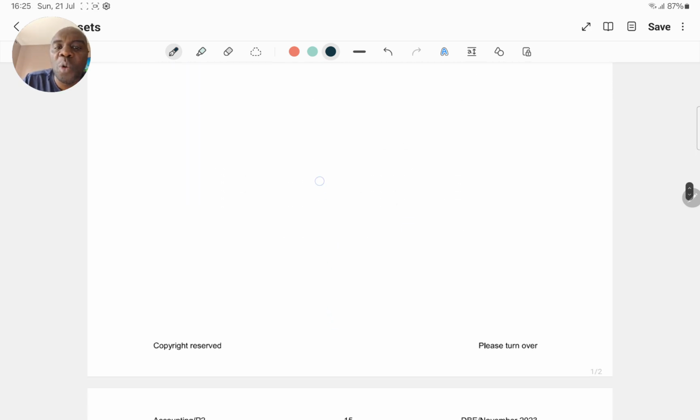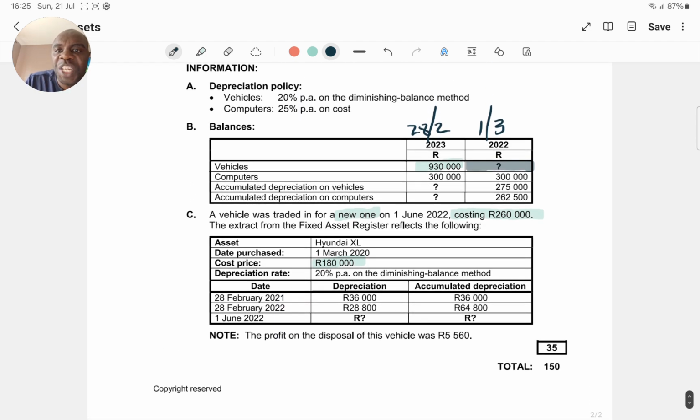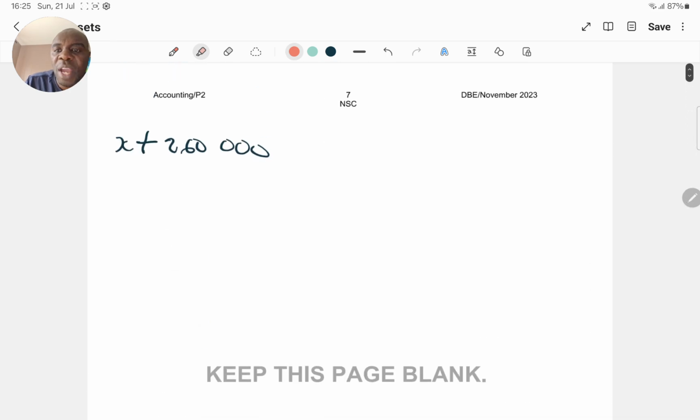So we traded in. We let go of an old vehicle, which initially cost us 180,000. There is the cost price. So the cost price is 180,000 of the vehicle that we are letting go.